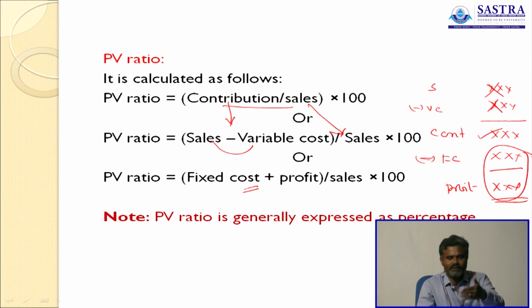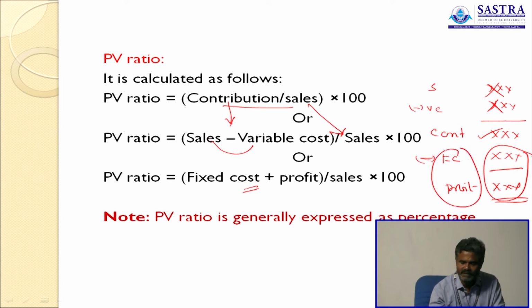When you start from the top, you take the difference between sales and variable cost. When you start from the bottom, you take the aggregate of fixed cost plus profit, and the answer will come. So, this is one way of calculation of PV ratio.